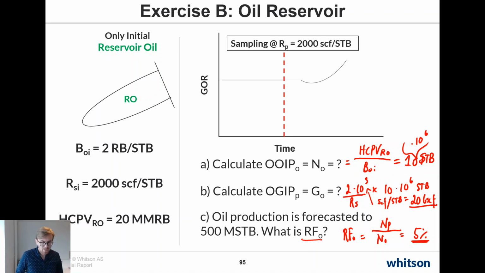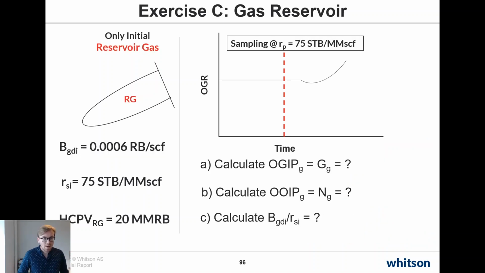Good. Now we've introduced a little bit more complexity. So now we're talking about a gas condensate reservoir, and we have to remember some of the things that we learned from the gas condensate lectures or lessons that we've gone through.